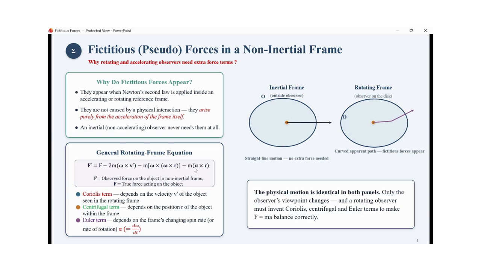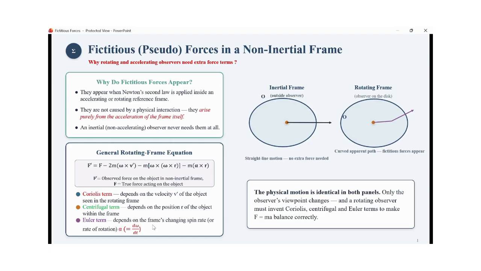This represents another type of pseudo force, the Euler force, and it depends on the factor alpha. So the Euler force will be non-zero only if alpha is non-zero, that is, d omega over dt is non-zero. This means that only if the frame is non-uniformly rotating will the Euler force be non-zero.